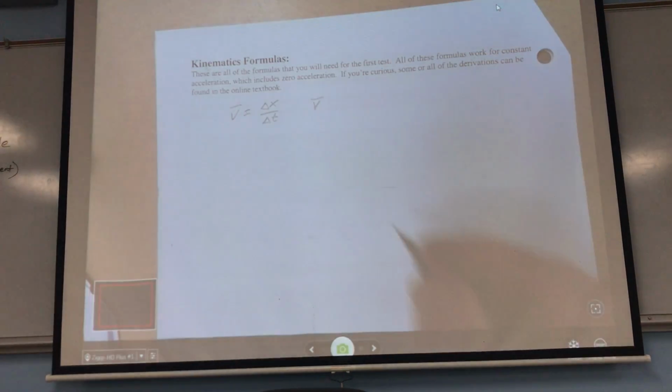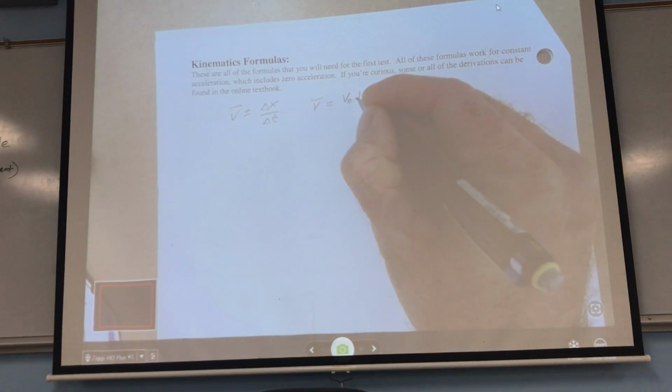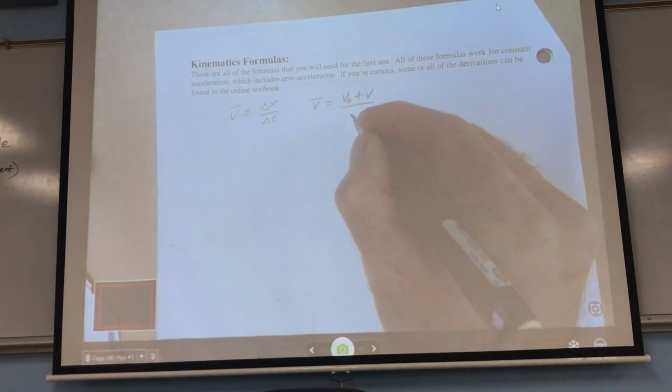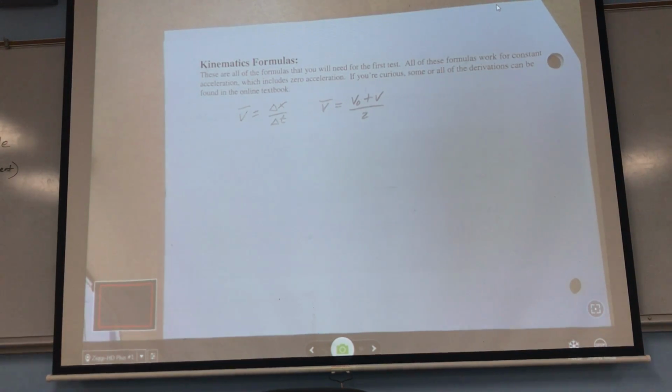The other average velocity formula is what I did over there. You just take the initial velocity and add it to the final velocity, and you divide by 2. So it's really just averaging 2 representative velocities on each end of the event, and that gives you the average velocity.